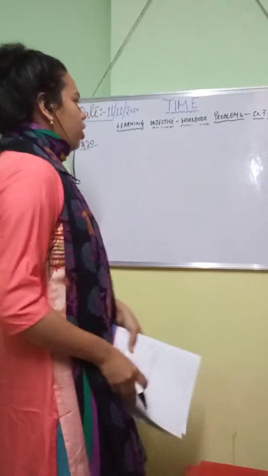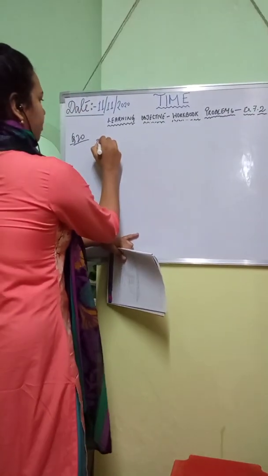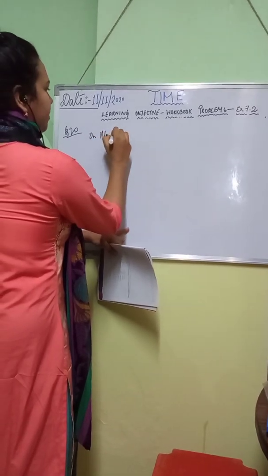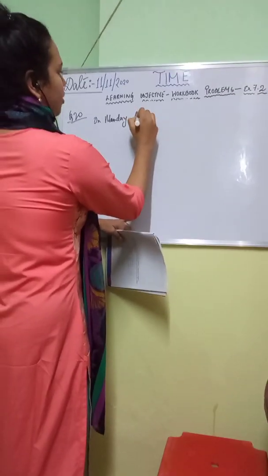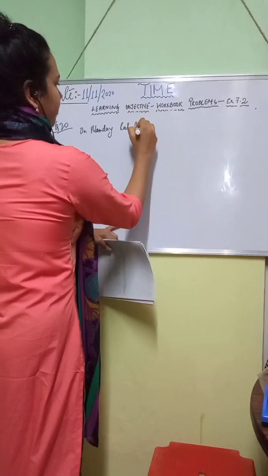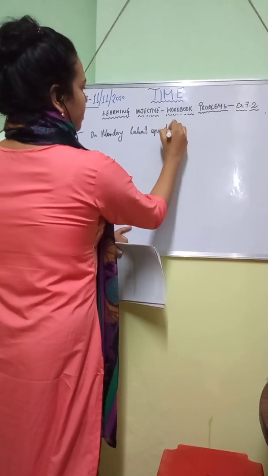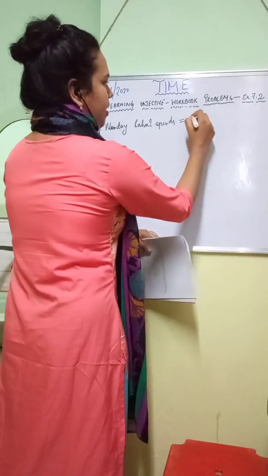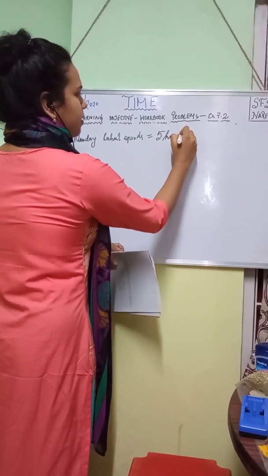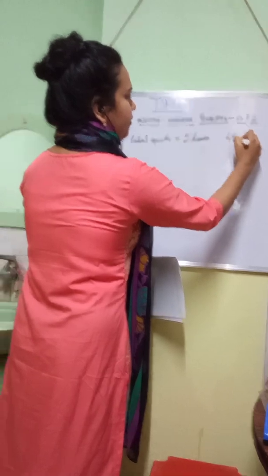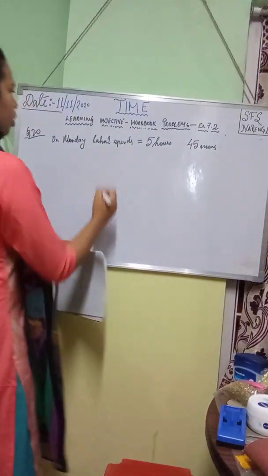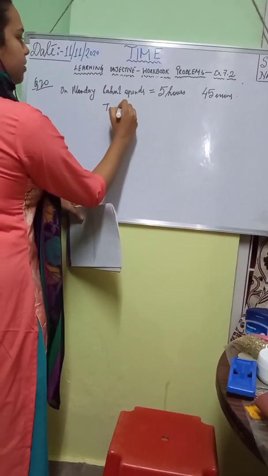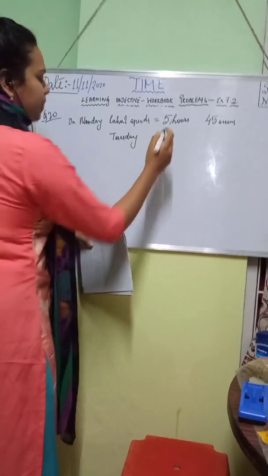So what do you have on Monday? On Monday, Rahul spends how much time, children? 5 hours and 45 minutes. Okay. On Tuesday, how much time does he spend?